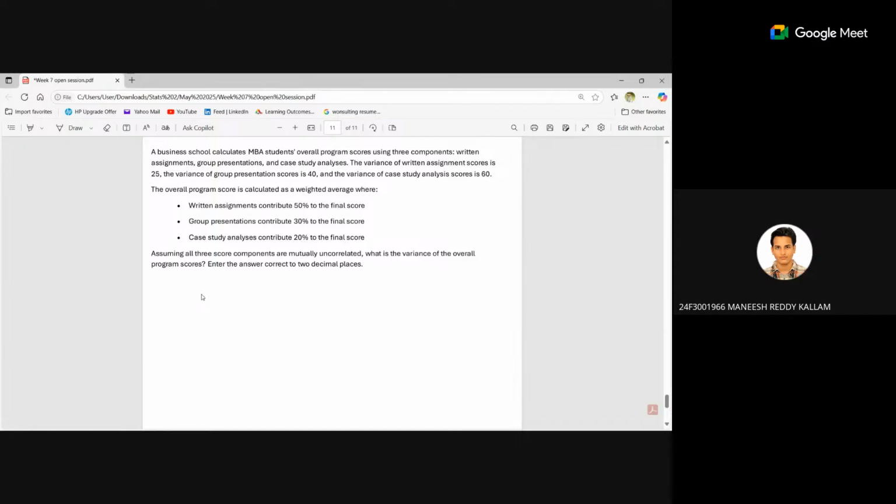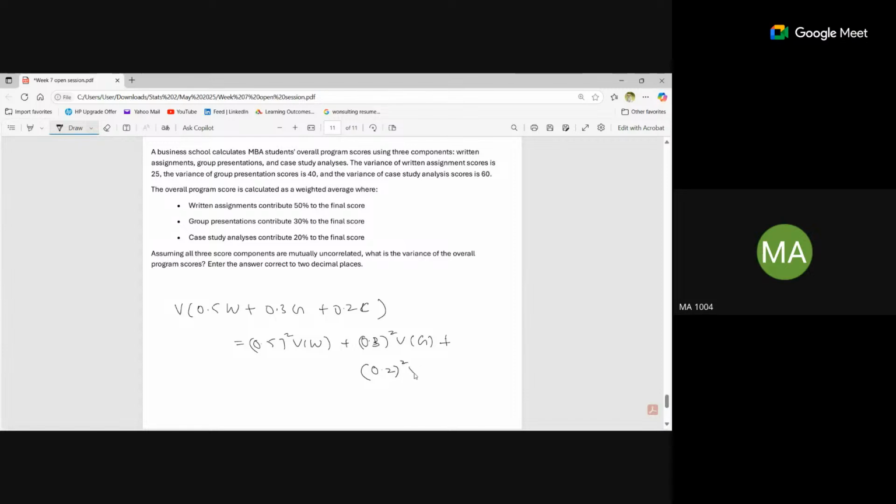I have converted them into fractions, 0.5, 0.3, 0.2, and then squared them. So basically, you're finding out 0.5 square into the variance of written exam plus 0.3 square into the variance of group presentation plus 0.2 square into the variance of case study.